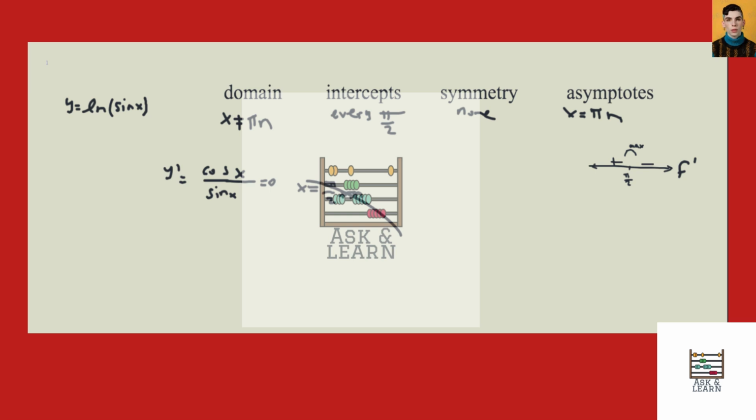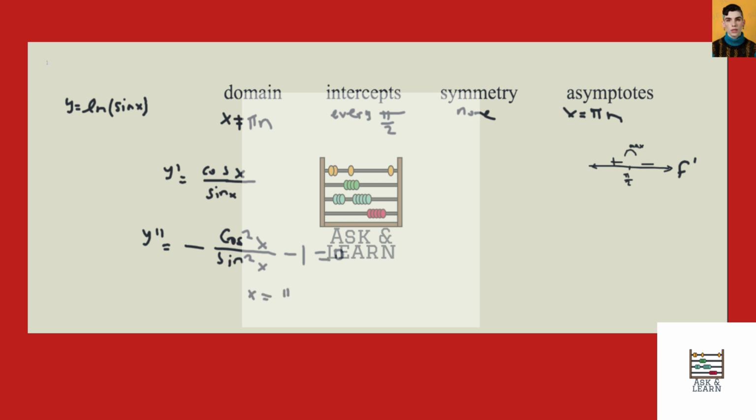Okay, and now we can look at f double prime to see concavity. So y double prime, the second derivative, is negative cosine squared x over sine squared x, minus 1, equals 0.